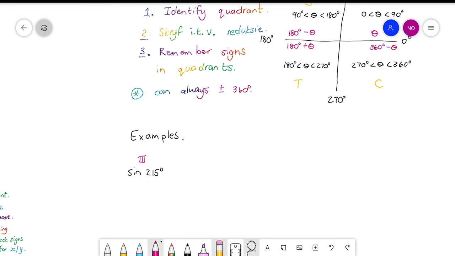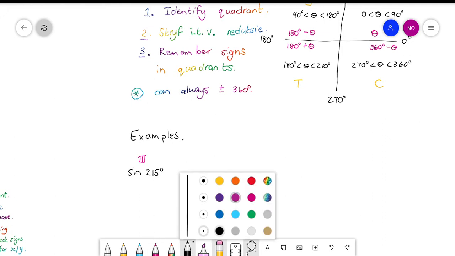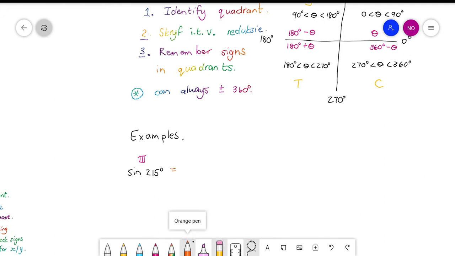Now remember, I'm not allowed to change the value of anything, but I have to write it in terms of the reduction formula in the third quadrant. So I'm going to say, sin of, in the third quadrant we write 180 plus. So 180 plus what will give me 210? It's 30. Okay? I didn't change the number, I just wrote it in a different way.